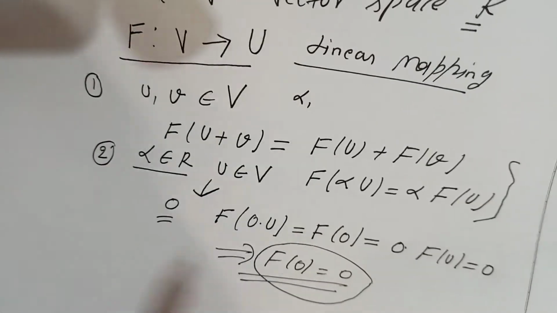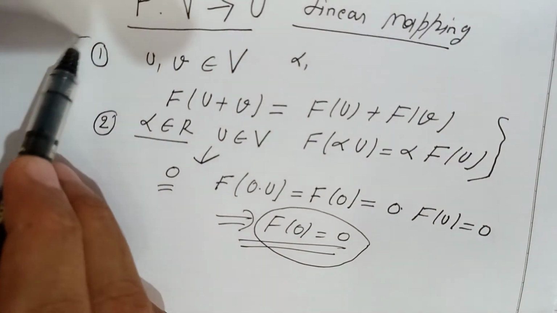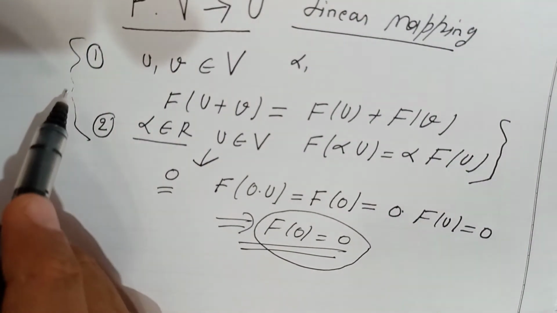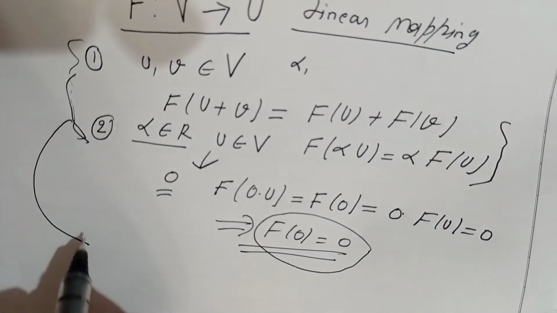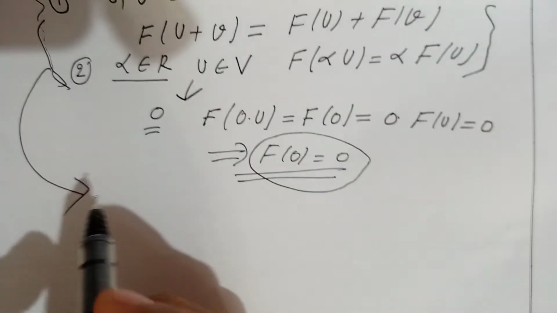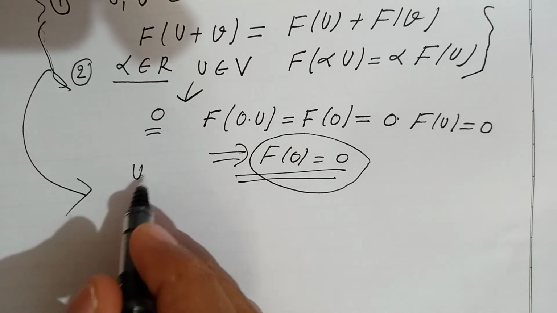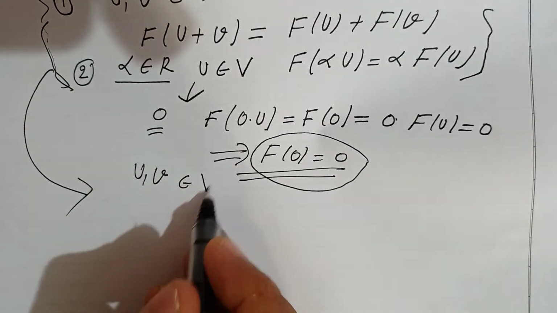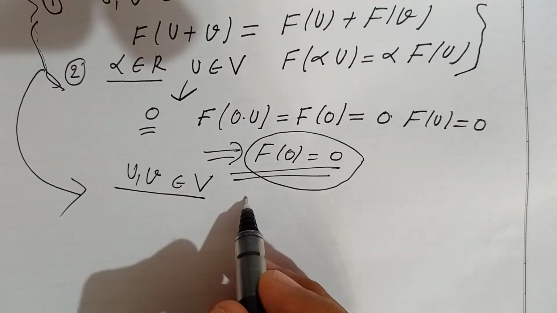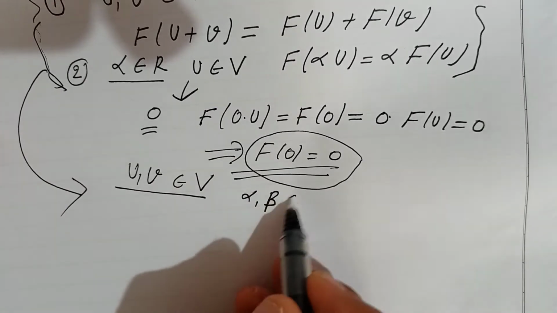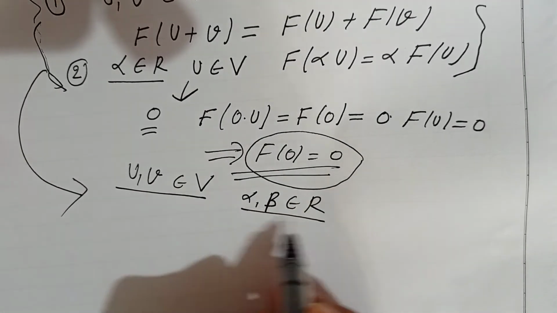Fine. And one more thing: we can club these two properties and write a single property. Let u and v belong to vector space V, and alpha and beta belong to that field.